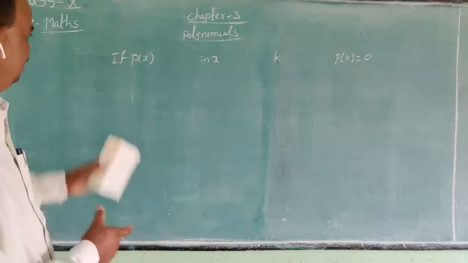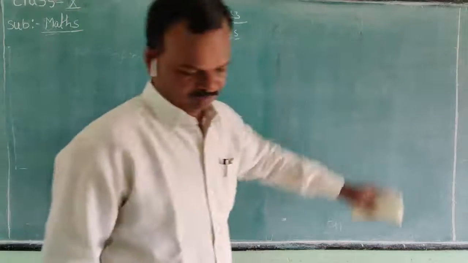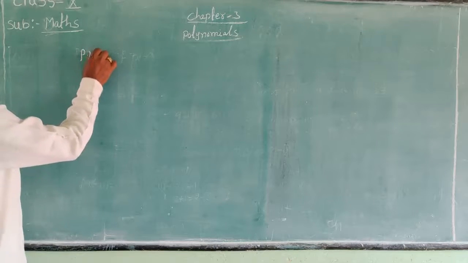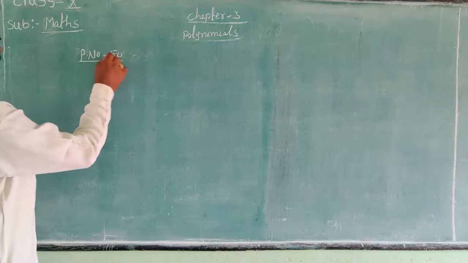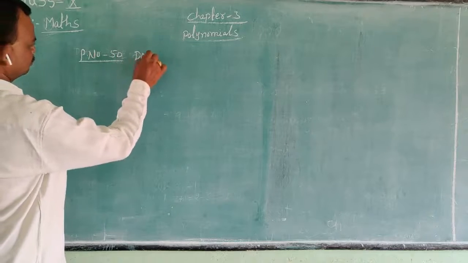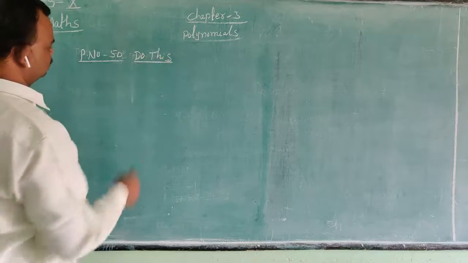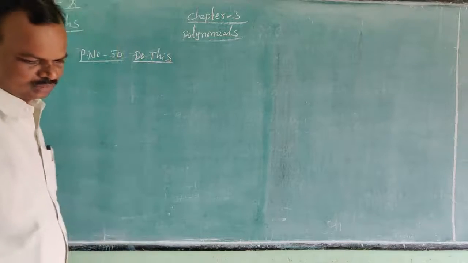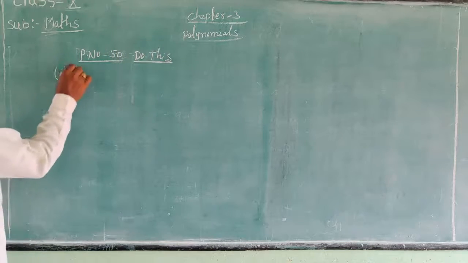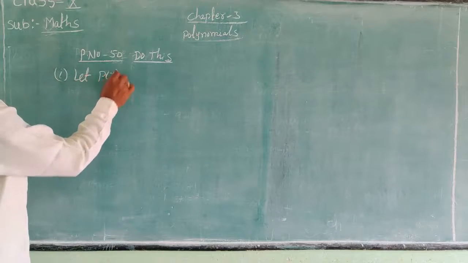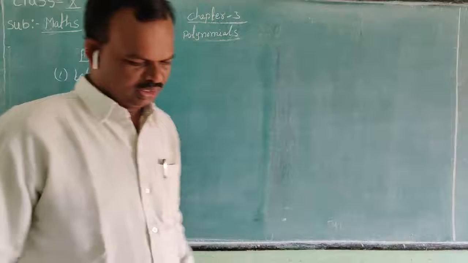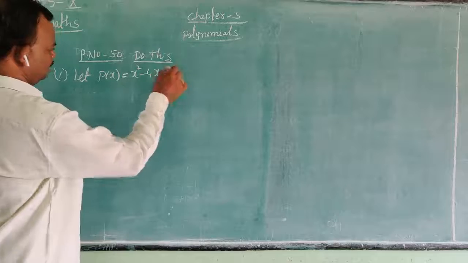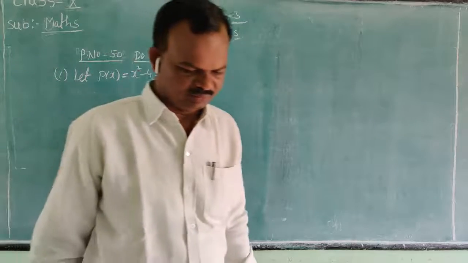Next, page number 50, do this. First one, p of x is equal to x square minus 4x plus 3.